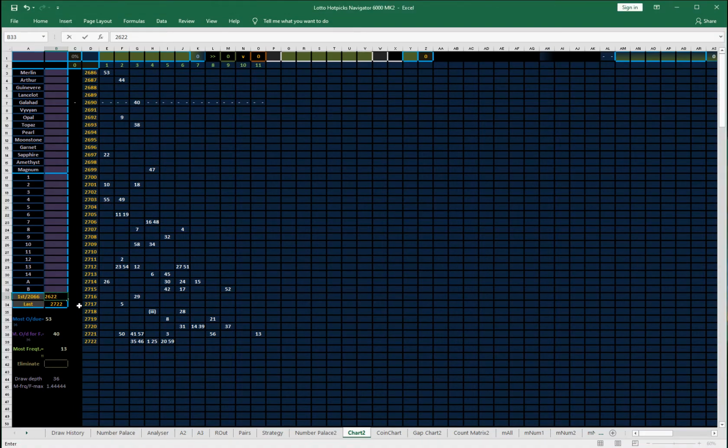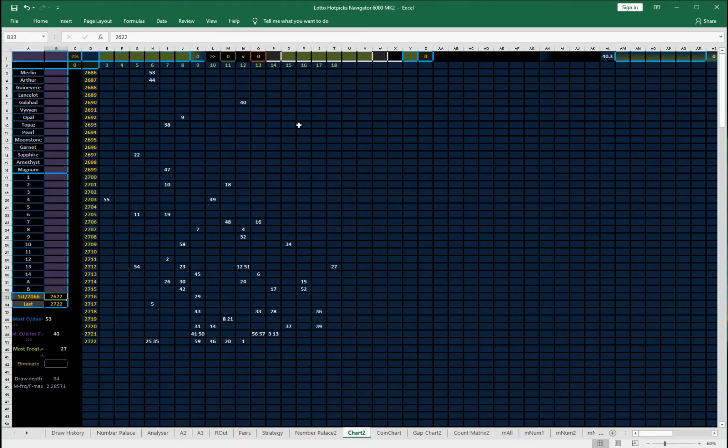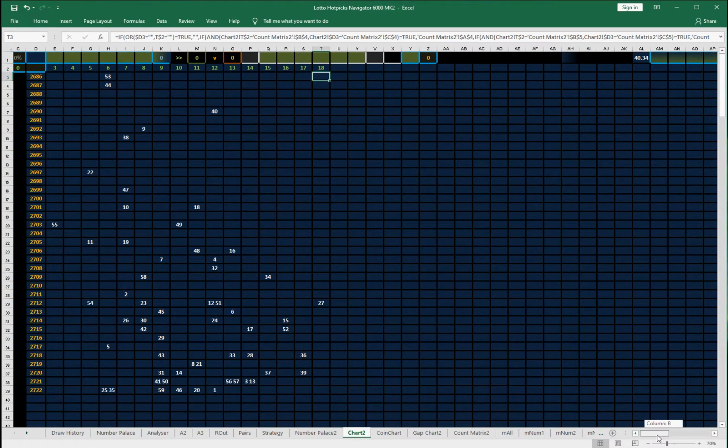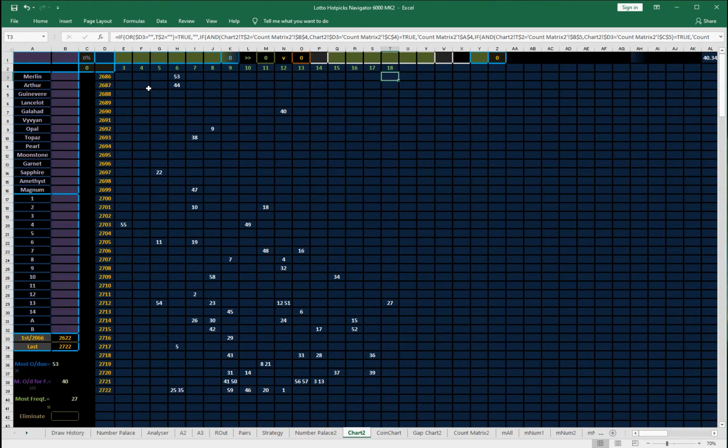So if we look at the last 100 draws, then these are the numbers arranged by frequency and most recent draws in general. So we've got different frequencies now. If you're looking for that information, that's where it is.